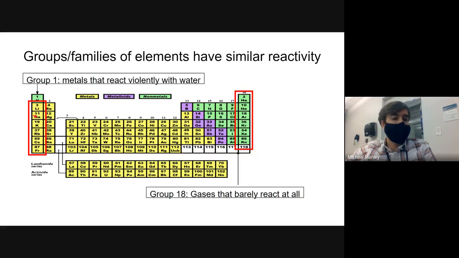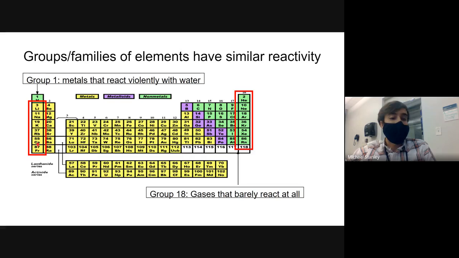So over here, sodium is number 11. All of these elements that are in this column with sodium, on the periodic table we call columns groups. So lithium, sodium, potassium, rubidium, cesium, and francium.